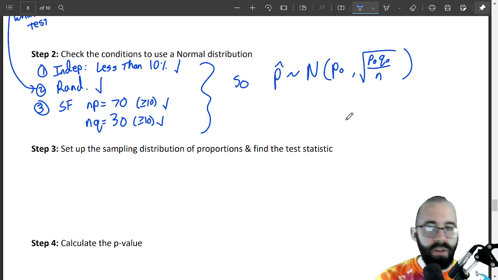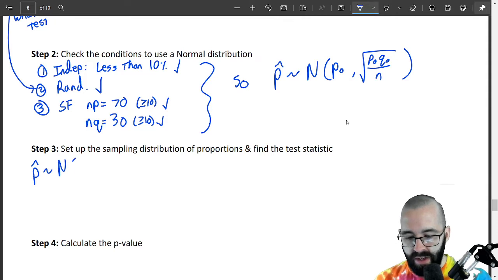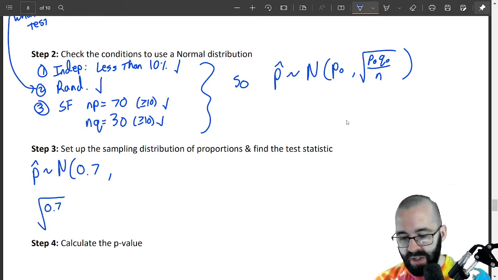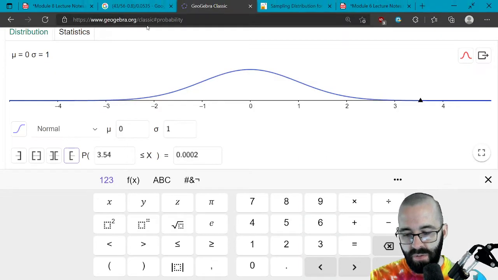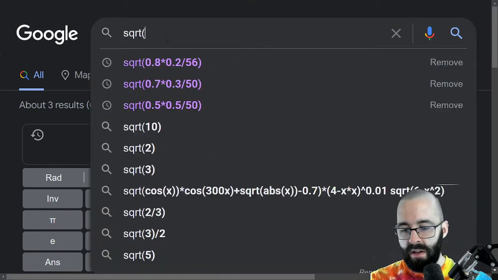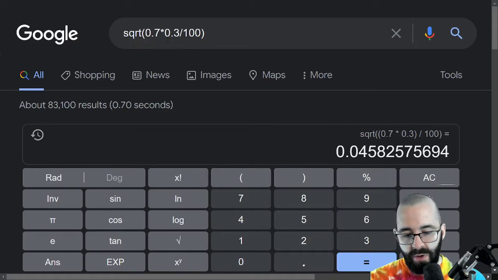Set up the sampling distribution of proportions and find the test statistic. Well, we're almost done. Sampling distribution: p hat is normally distributed with mean p naught, our assumption, our status quo, 70%. What's our standard error? The square root of 0.7 times 0.3 divided by 100, which is about 0.0458.